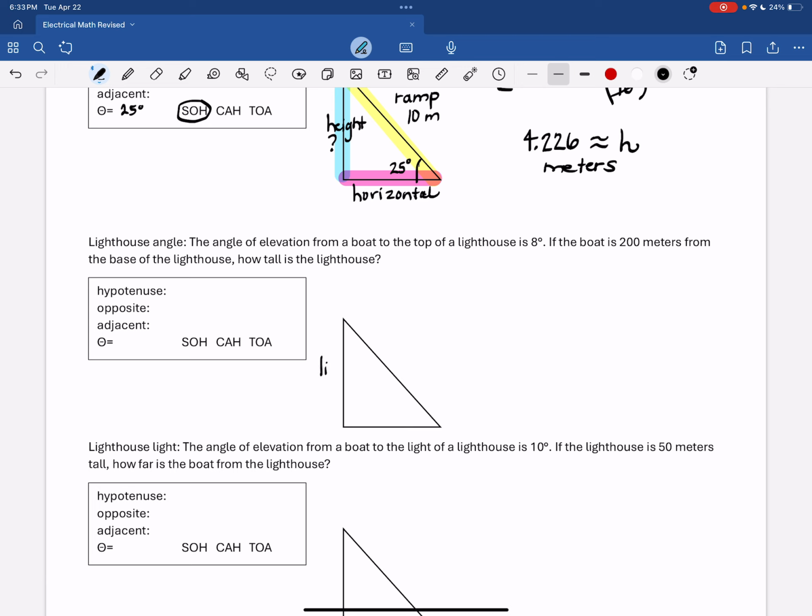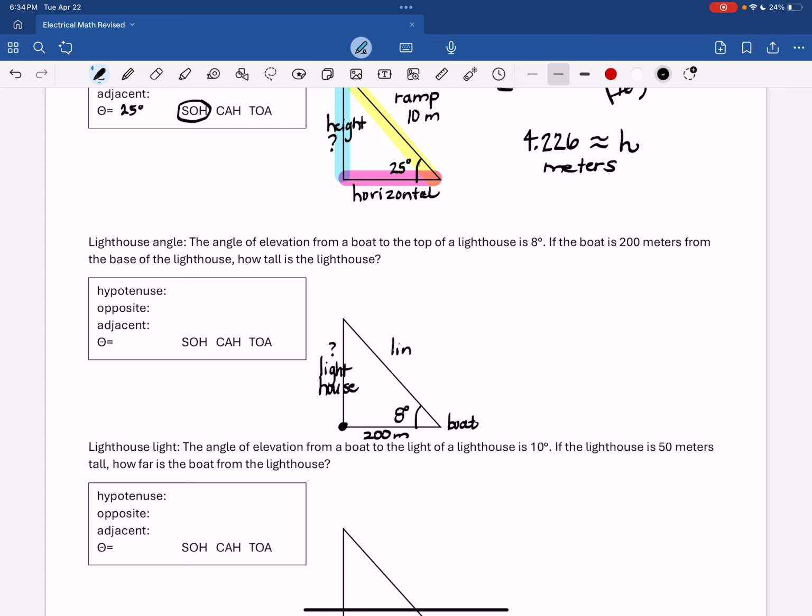A lighthouse. And I'm jumping the gun here. I need to read the problem. The angle of elevation from a boat to the top of the lighthouse is 8 degrees. If the boat is 200 meters from the base of the lighthouse, how tall is the lighthouse?